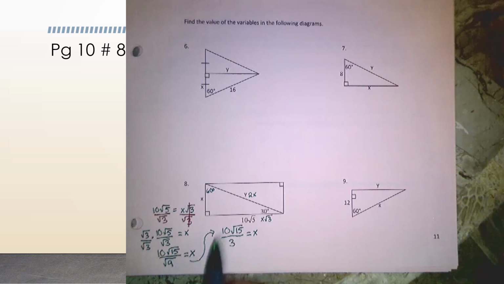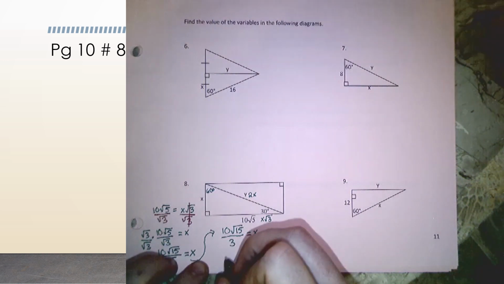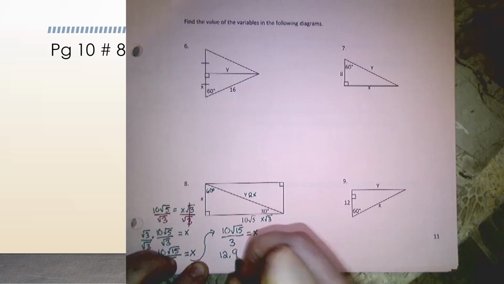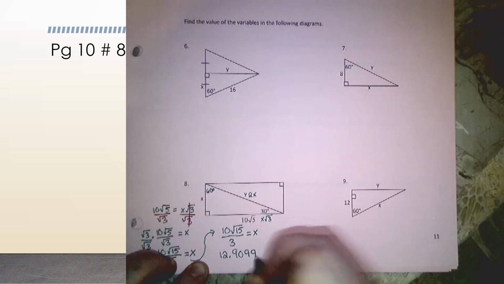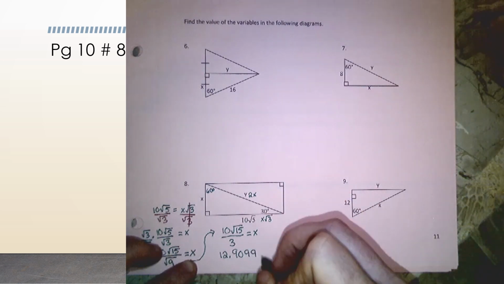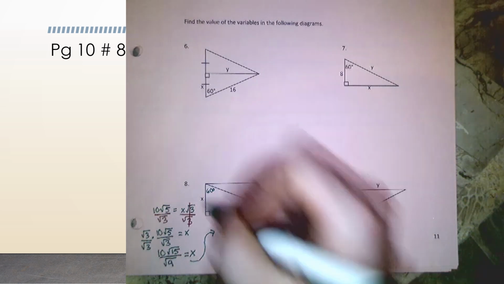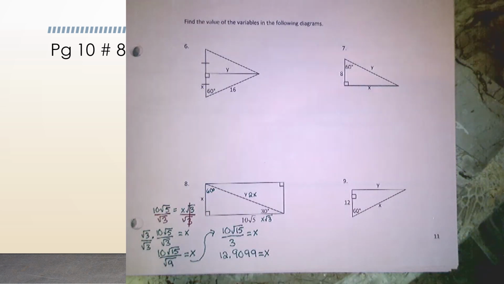If I put this into my calculator, I would get 12.9099. Both are acceptable when I'm trying to solve for x. If it were me personally, I would just keep it like this, because this is just one extra step.